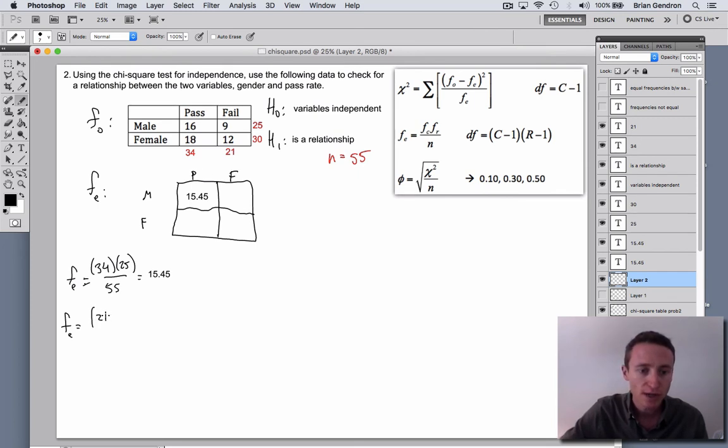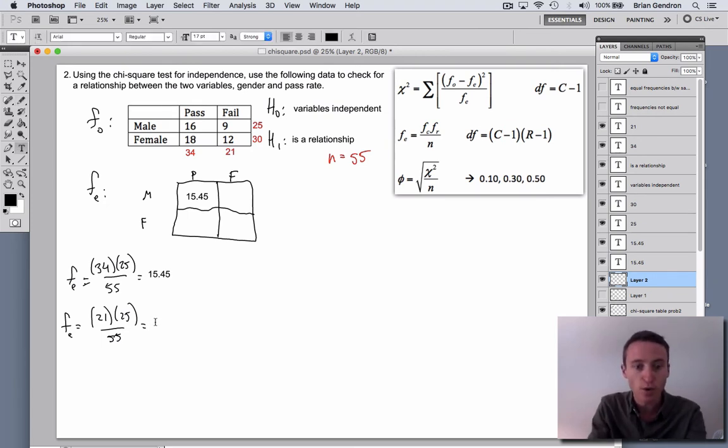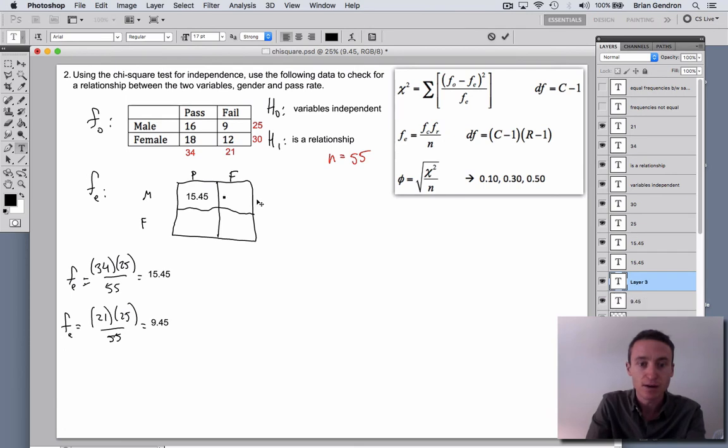So 21 times 25 divided by the number of people in your study, 55. So 21 times 25 divided by 55, 9.45. And let's go ahead and put that here as well.